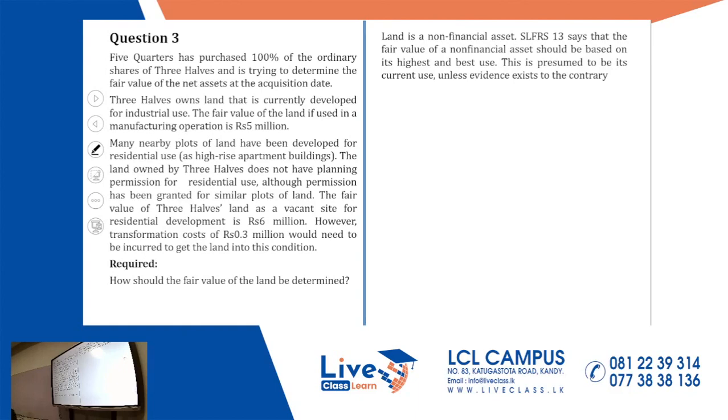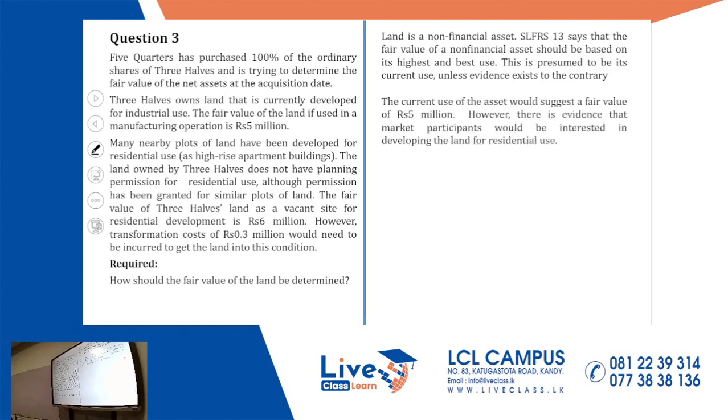And අපි current use එක best use එක විදිහට තීරණය කරනවා වෙන සාක්ෂියක් නැත්තම්. හැබැයි මෙතන අපිට සාක්ෂියක් තියෙනවා නේ. There's evidence. What that says? It says the current use of the asset would suggest the fair value of 5 million. However, there is an evidence that market participant would be interested in developing this land for the residential use also.